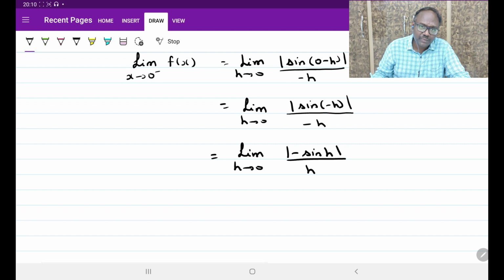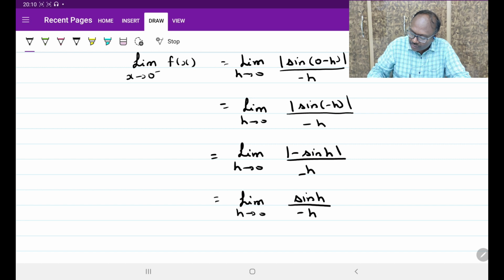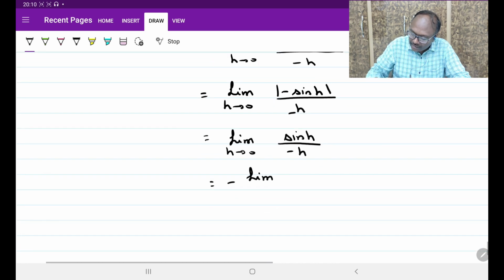And h is a very small positive value, which should be an angle in the first quadrant. So sin h is positive and minus sin h is negative, and modulus of minus sin h will be plus sin h. So we get limit h tends to 0 sin h divided by minus h, so we can take minus out of the limit and write minus limit h tends to 0 sin h by h.